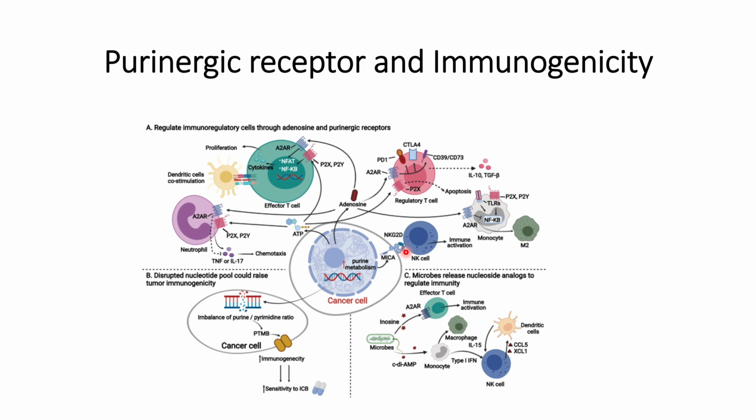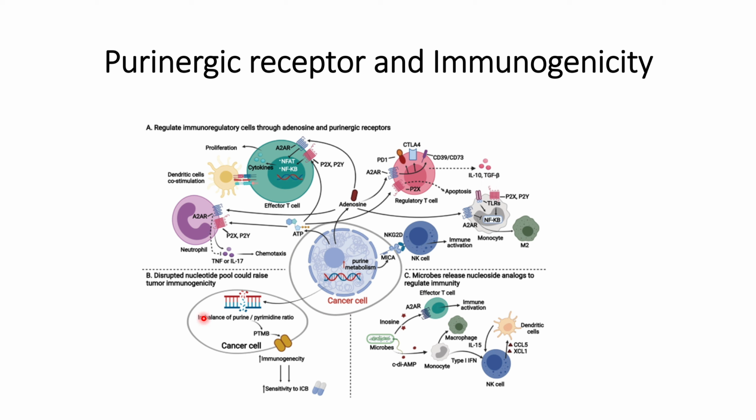This MICA can be detected by the NK cells through the NKG2D receptors, and when this interaction occurs, it will lead to immune activation by the NK cells. So in the majority of conditions, it will promote an anti-tumorigenic effect, except a few conditions such as monocyte differentiation to the M2 phenotype.